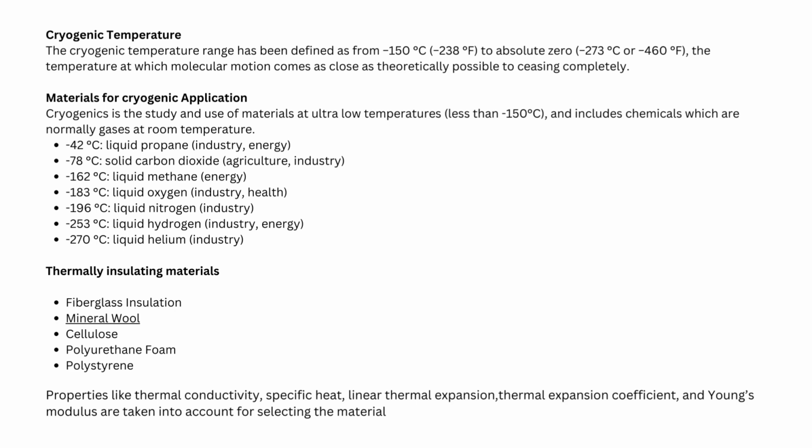For cryogenic application, the materials normally used are liquid propane, solid carbon dioxide, liquid hydrogen at minus 253 degrees Celsius, and liquid helium at minus 270 degrees Celsius. There are also thermally insulating materials like fiberglass insulation, mineral wool, cellulose, polystyrene.